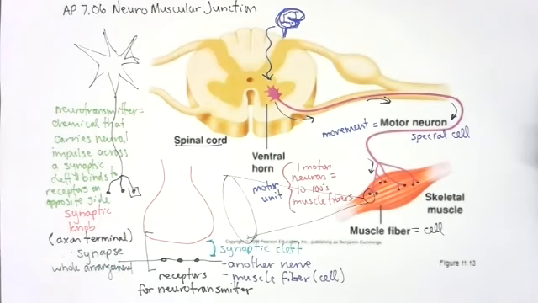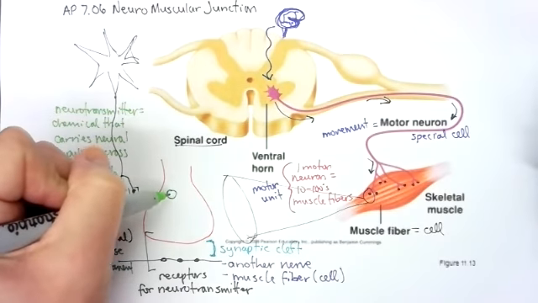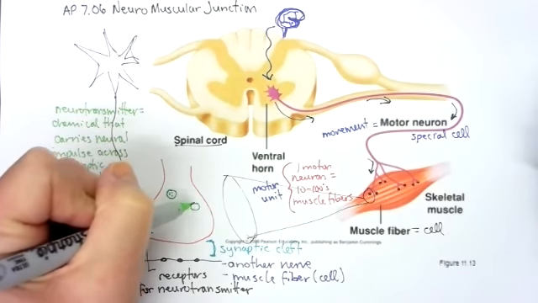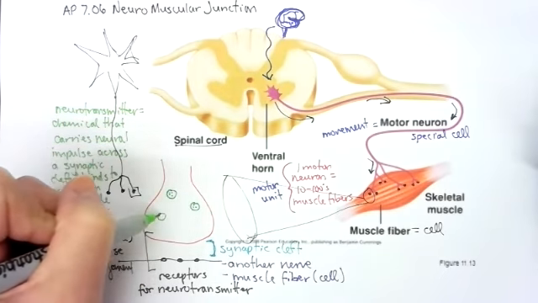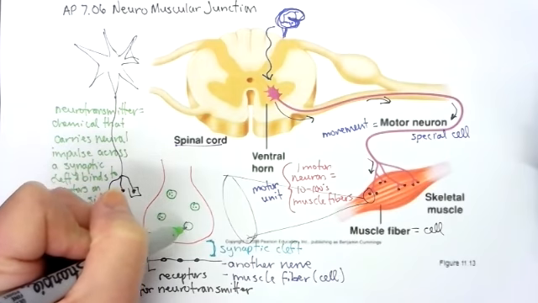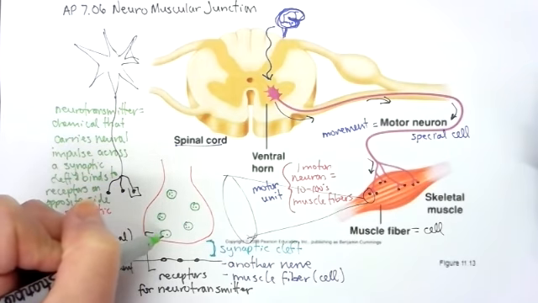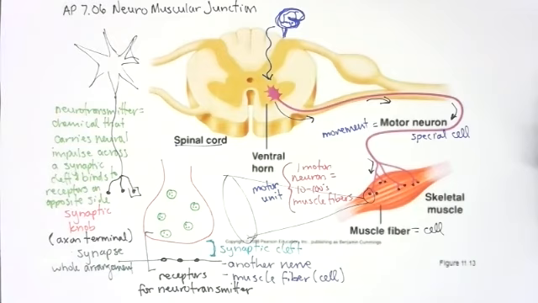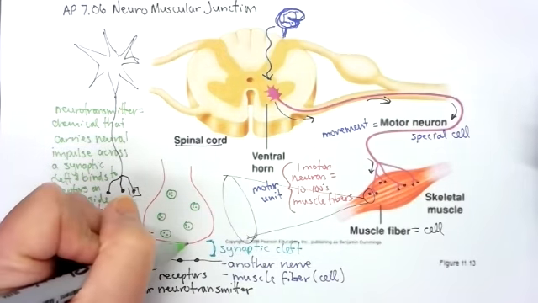Because I did neurotransmitter in green, I'm going to put it in, and they exist in these little vesicles. So remember, a vesicle is just a phospholipid bilayer. And when we're ready to fire a signal, these vesicles will move to the end of the synaptic knob.